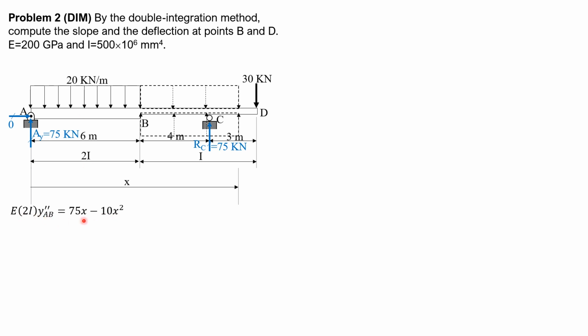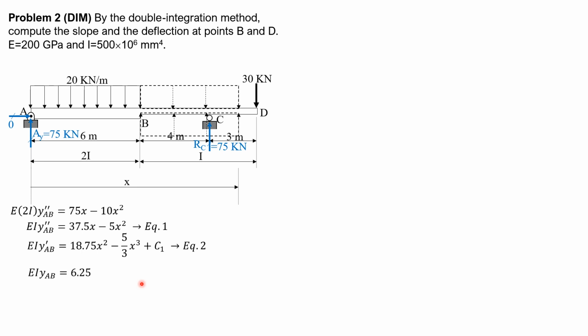So dividing everything by 2, we have EI y double prime AB equals 37.5x minus 5x squared. Then integrating once with respect to x, you have EI y prime AB equals 18.75x squared minus 5/3 x cubed plus c sub 1. Integrating again, we have EI y AB equals 6.25x cubed minus 5 over 12 x to the fourth plus c sub 1 x. Supposedly plus c sub 2, but c sub 2 again is 0 because when x is 0, y is 0 at the origin.